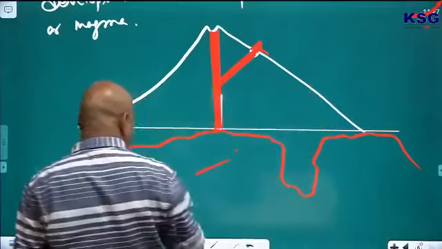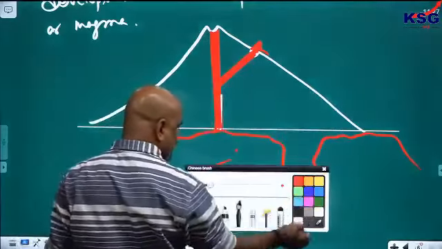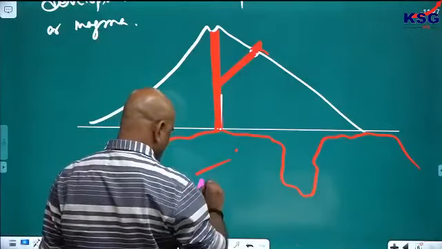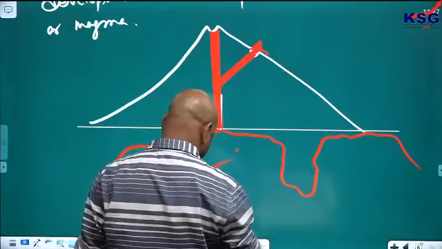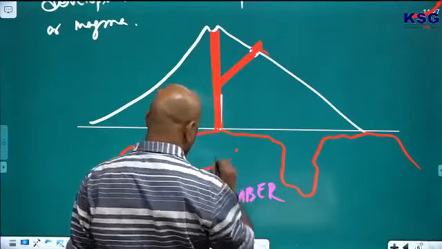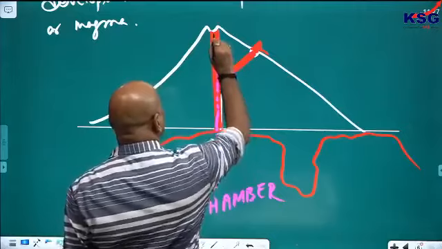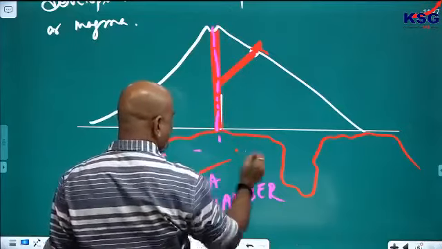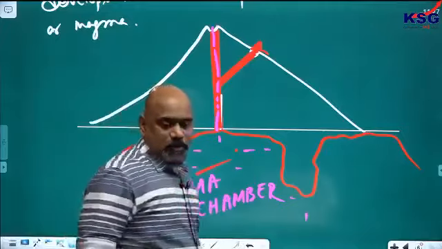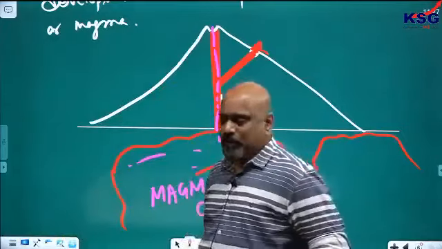Okay, this here is, I can say, the magma chamber. Magma chamber is here, and the magma is going in this way from the magma chamber. Now, on this, you know what happened.